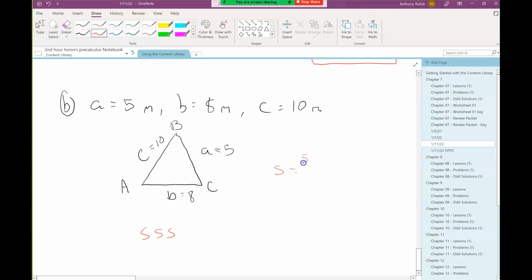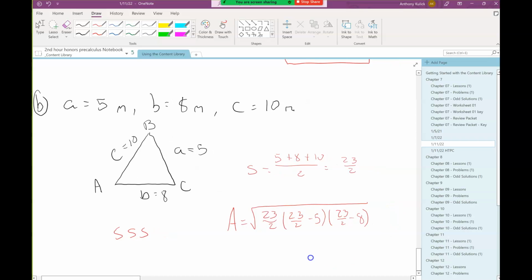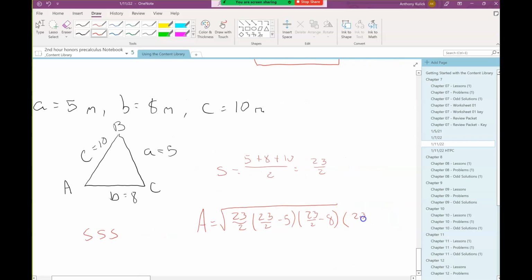So I'm going to just start by calculating S. So that's 23 over 2. So my area is the square root of 23 over 2 times 23 over 2 minus 5, 23 over 2 minus 8, and then 23 over 2 minus 10.